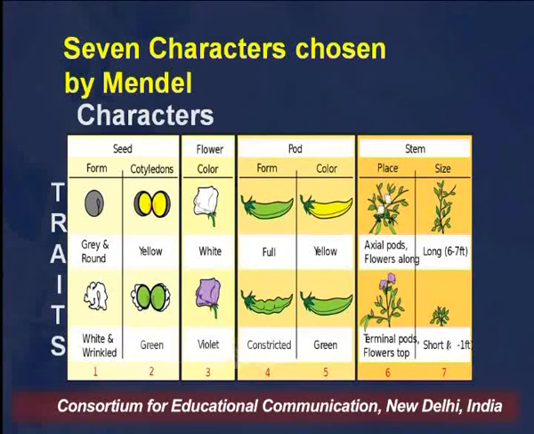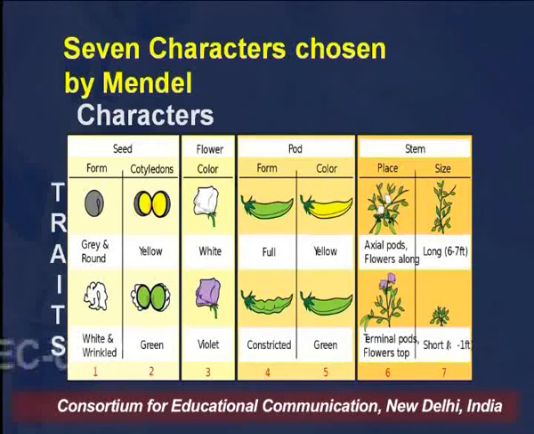So what were the traits that he took? For example, in the seed form, the traits were contrasting, as we said before, sharply contrasting. The seeds were either smooth textured or wrinkled. So these are the 2 traits which make up a character. In that hierarchy, character would be a higher one.